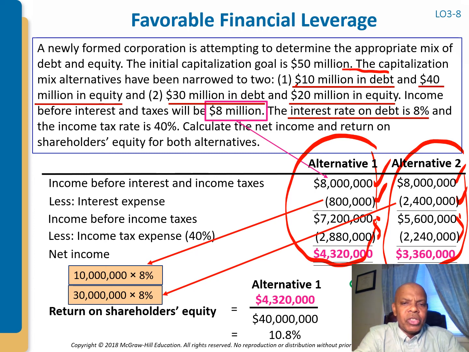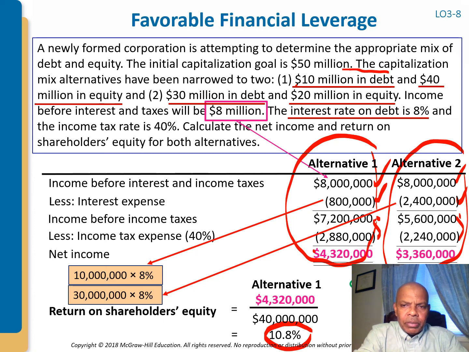Now, return on shareholders' equity. For alternative 1, you take this divided by 40 million. That's your equity, right? 40 million. If you have 40 million in equity, you're making 10.8. You can see this in my picture here, but let me put that number somewhere.